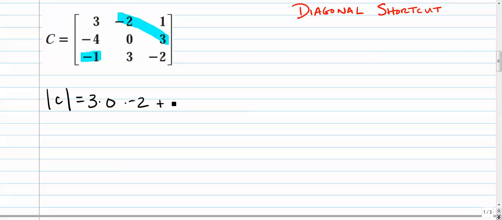So it's plus negative 1 times negative 2 times 3 plus, now you're going to multiply, let's see, we did that one, we did that one. Now we're going to multiply 1 times negative 4 times positive 3.